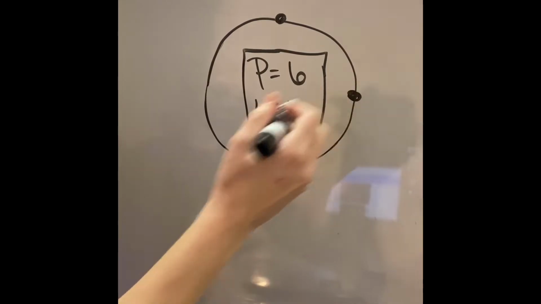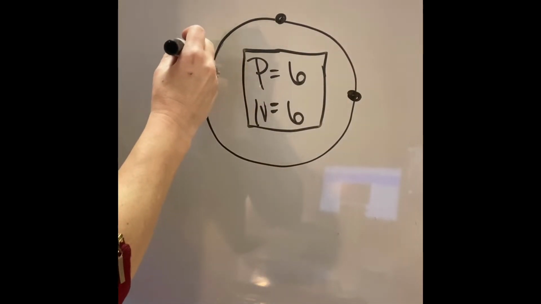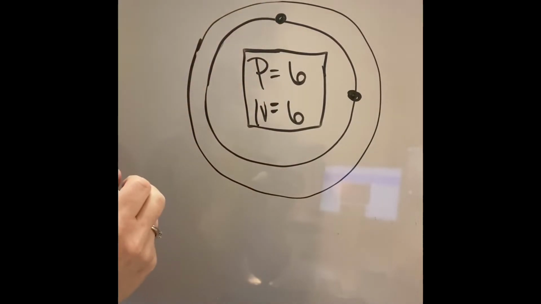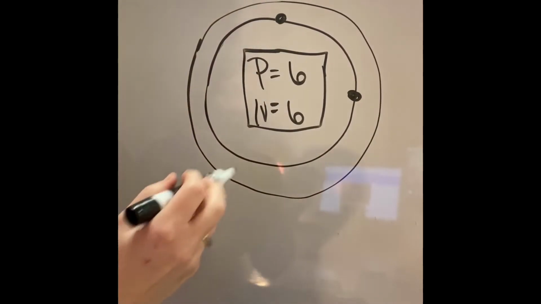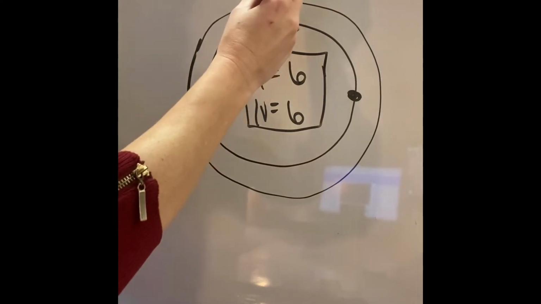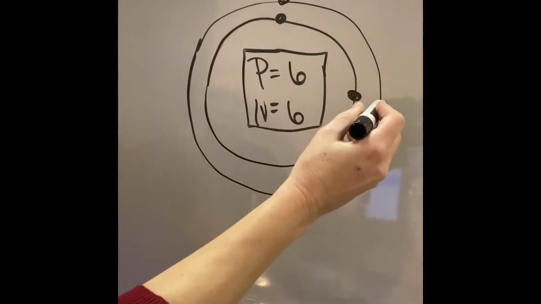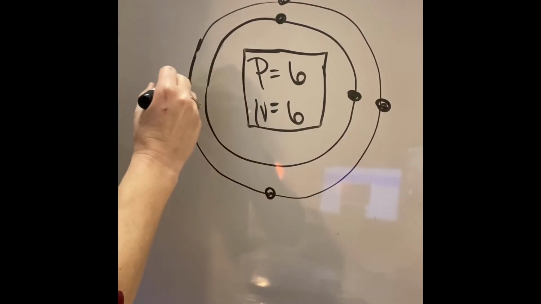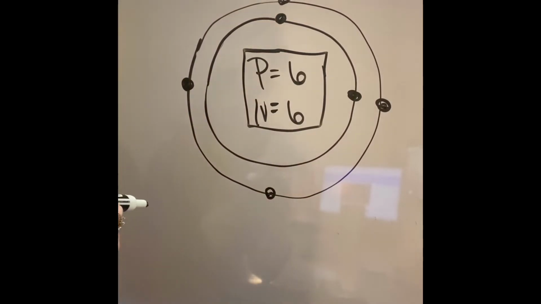The second shell can hold up to 8. Well, we only need 6 because however many protons there are, that's how many electrons we have. So we already have 2, so we only need 4 more. So we would say 1, 2, 3, 4. So this is the electron configuration for carbon.